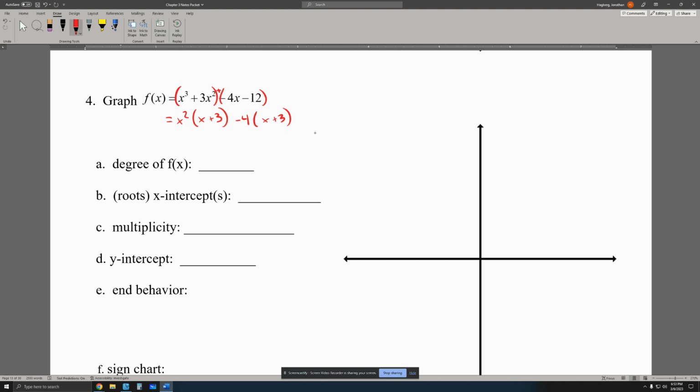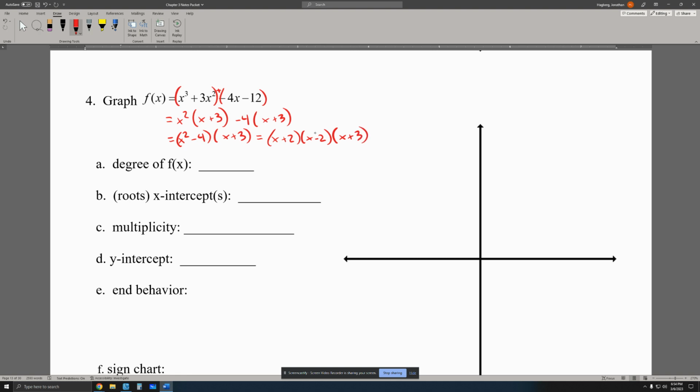And so what we get is x squared minus 4 times the quantity x plus 3. Okay? Well, I know that x squared minus 4 is a difference of squares, so this is equal to x plus 2 times the quantity x minus 2, and then we've also got that x plus 3.